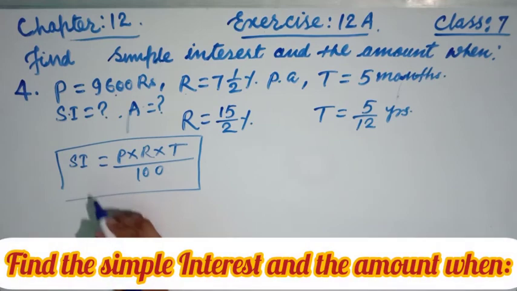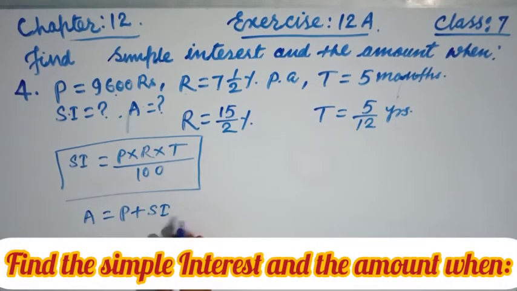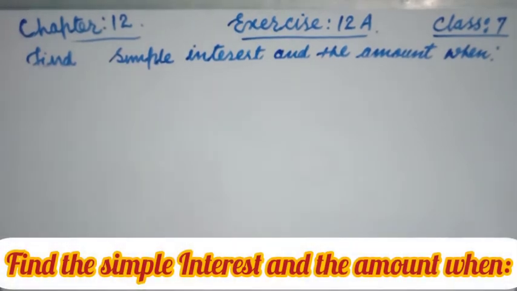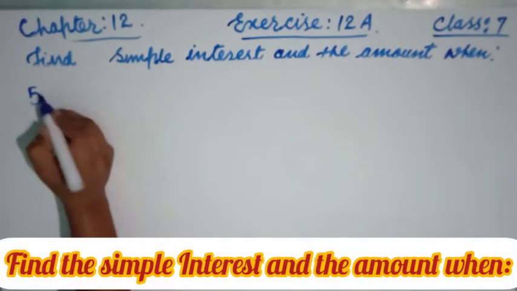This is the first answer, and the second answer is P plus SI. After calculating SI, add SI to P, we will get the A. So please do it. Now see the next question. Now friends, question number 5 is similar to question number 4.